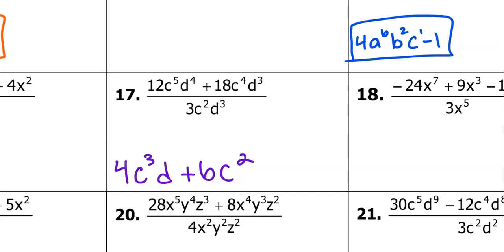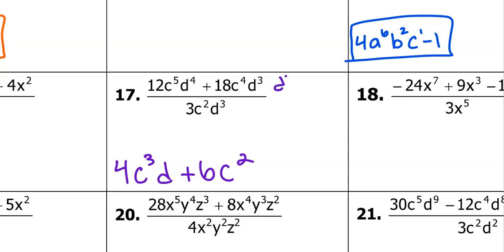12 divided by 3 is 4. C5 over C2 is C3. D4 over D3 is D. On my other side, 18 over 3 is 6, positive 6, so plus 6. C4 over C2 is C2. D3 over D3 is nothing, right?